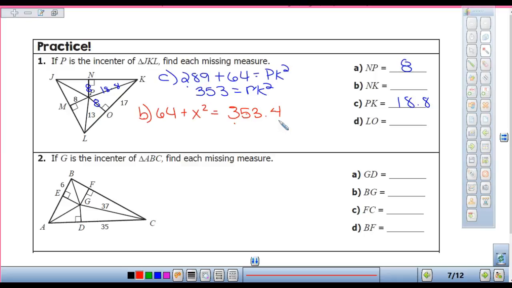Alright, so subtract your 64, x squared is 289, so x is? Morgan, you had a hunch that it was 17.